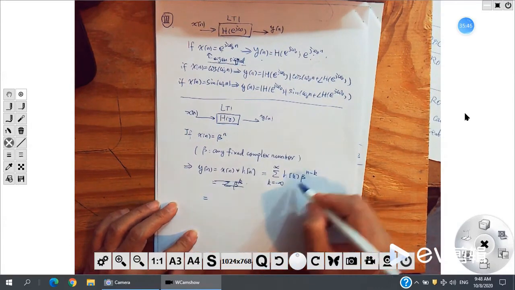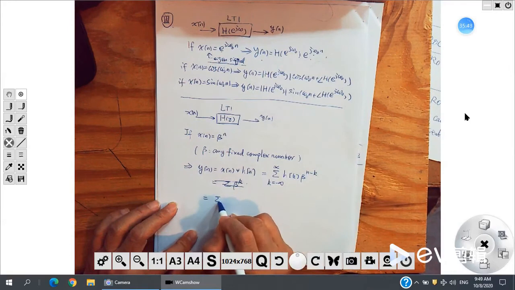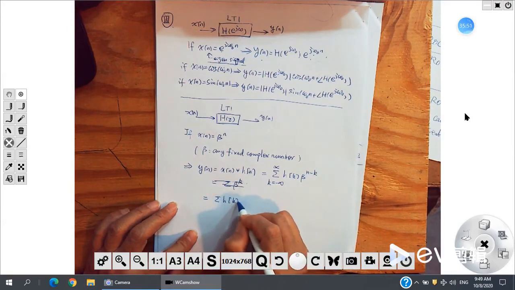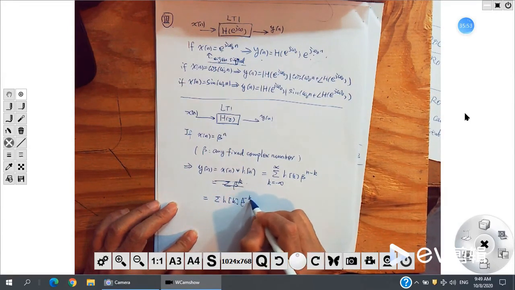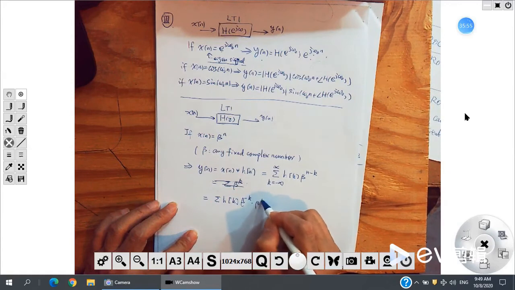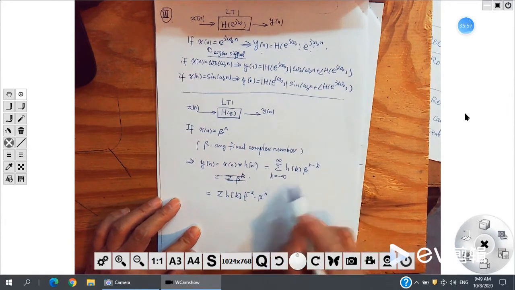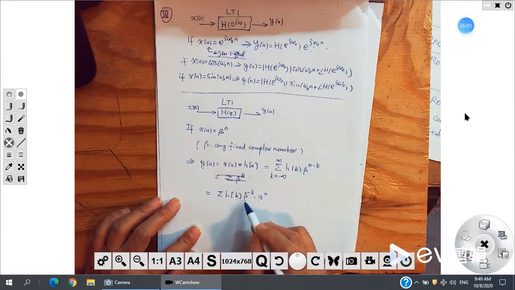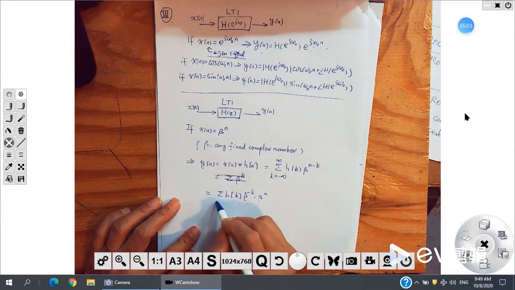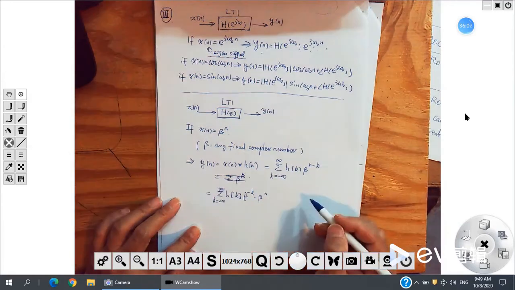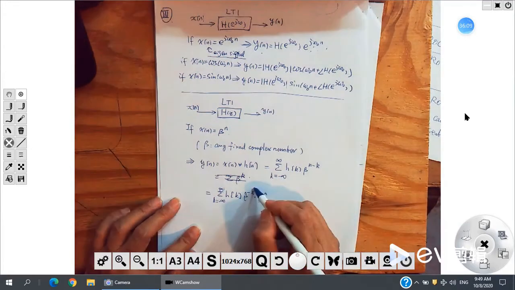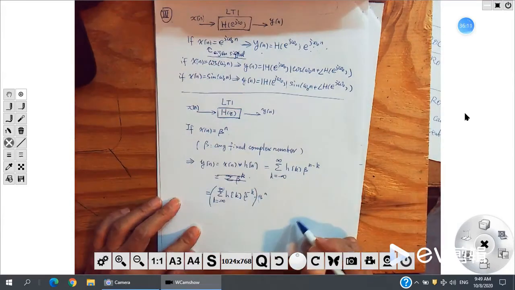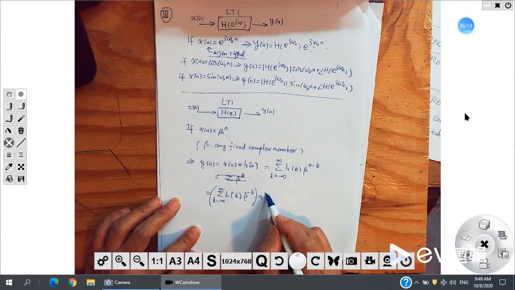Okay, this one I separate. This is h of k times beta to the negative k times beta to the n, right? This one power term, I separate as two powers. k runs from negative to positive infinity. You see, I can write it this way. All the terms contain beta to the n. Same, right?